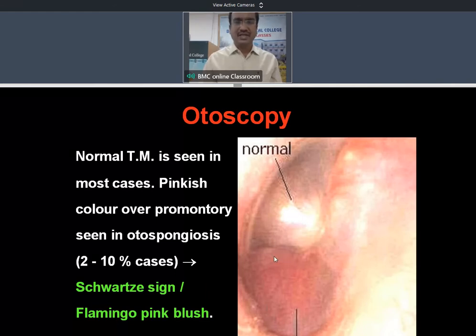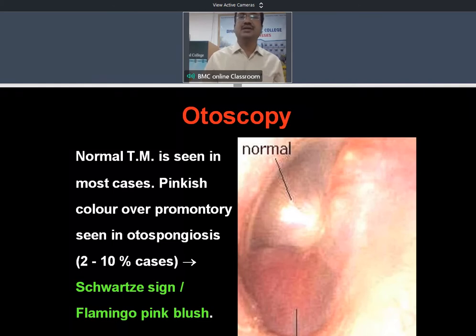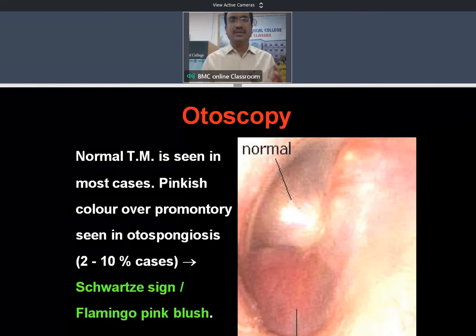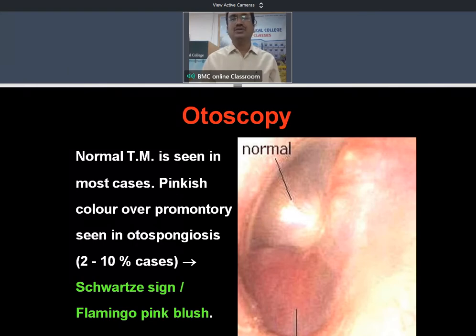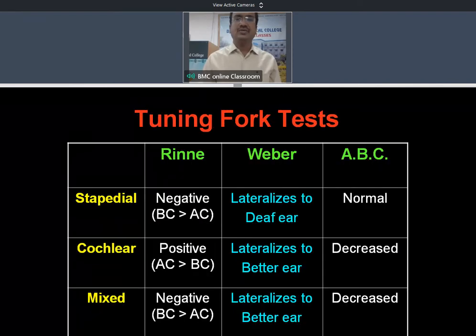This is very rarely seen. If the otosclerotic focus is in active stage, that is a more cellular and more vascular focus, then you can see through the intact tympanic membrane a pinkish blush over the promontory. That is called the Schwartze sign. Otherwise, in most patients, if you do the otoscopy or otoendoscopy, the tympanic membrane will be perfectly normal, that is pearly white with cone of light in the anteroinferior quadrant.